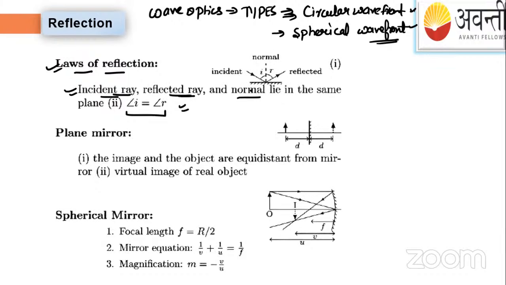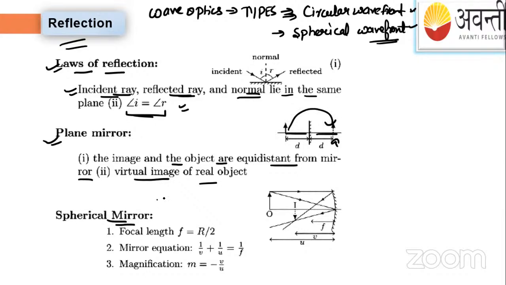Incident ray, reflected ray, and normal lie in the same plane, and this was the second law. Then in the plane mirror, we have seen that image and object are equidistant from the mirror. Again, the virtual image of the real object is what you are able to see there.